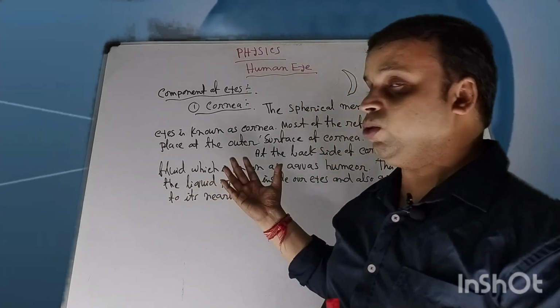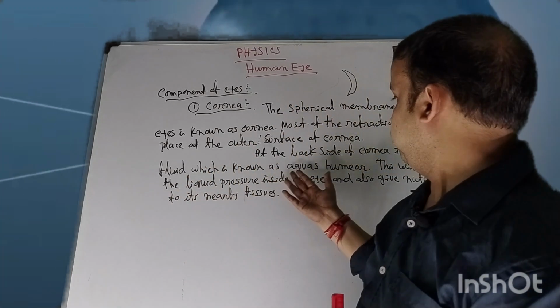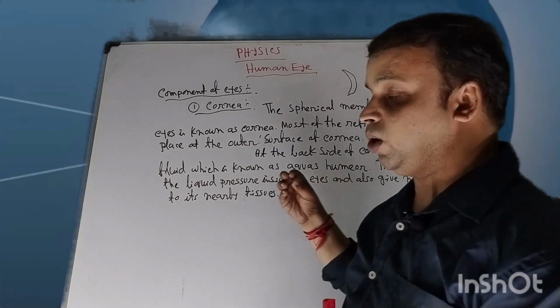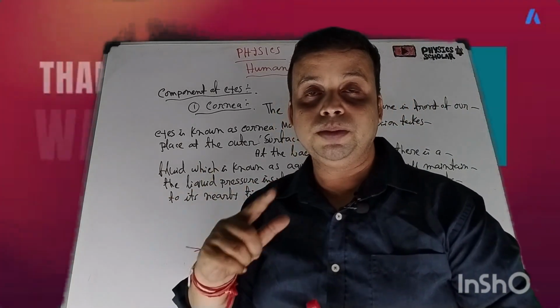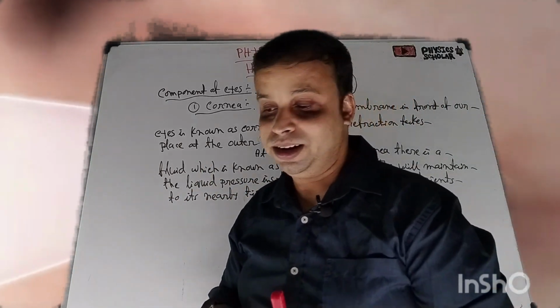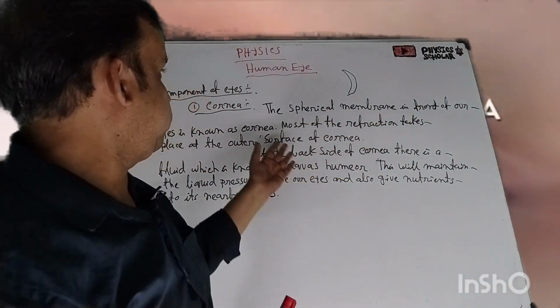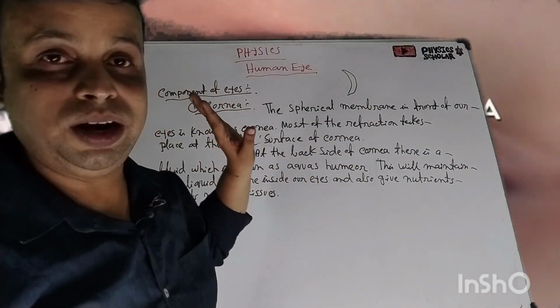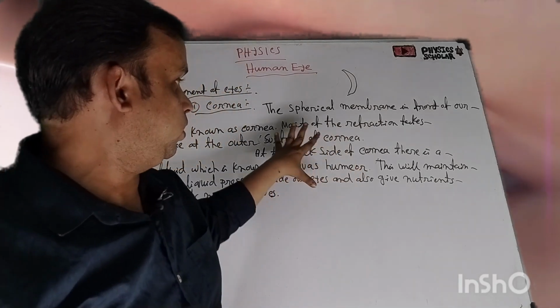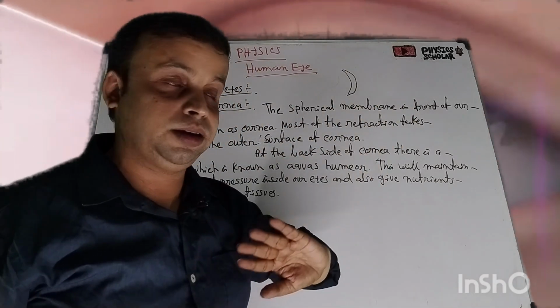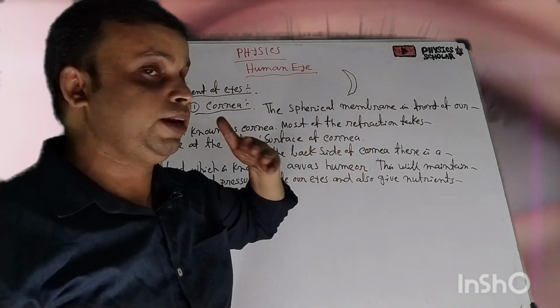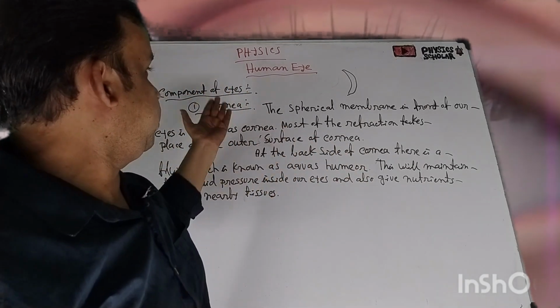It also supplies nutrients to the nearby tissues of our eyes. You can copy this. So this is about the cornea, the spherical membrane in front of our eyes.